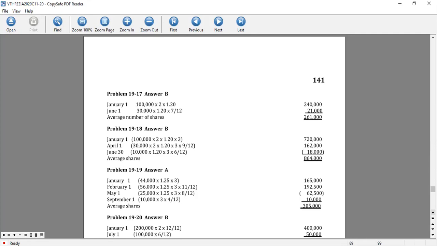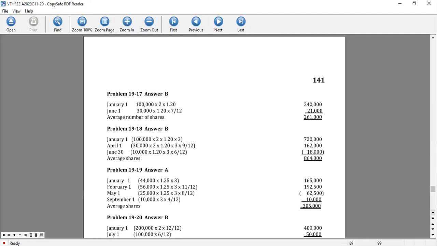Then we multiply it by 1.20 because of the bonus, and by 3 because of the split on December 31. Then on April 1 again, we have 30,000 times 2 because of the split, times 1.20 because of the bonus, and times 9 over 12 from April 1 to December 31.